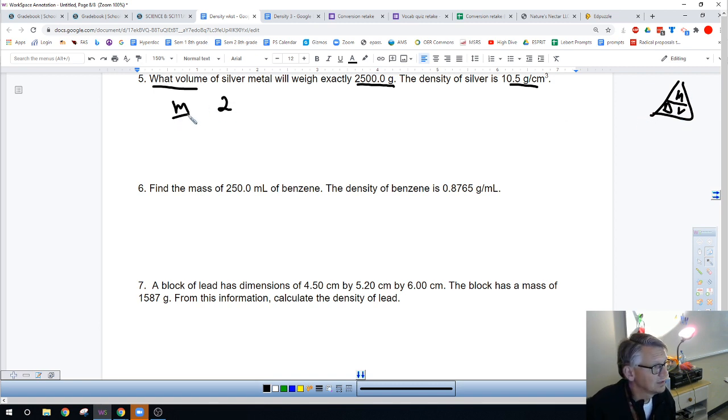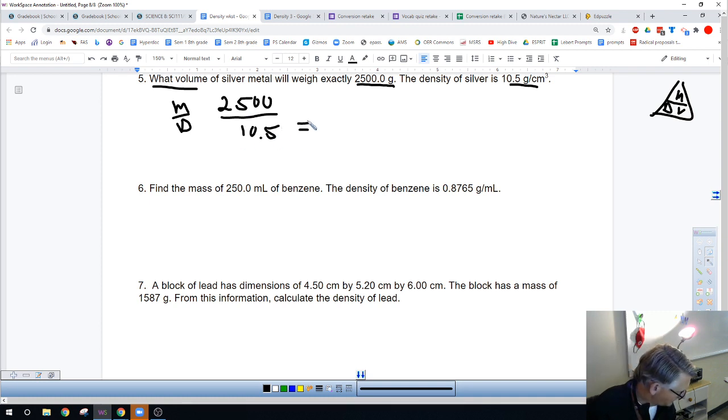Our mass is 2500 divided by our density, which is 10.5. 2500 divided by 10.5 equals 238.09. Rounding is up to you. Our volume is going to be in cubic centimeters.